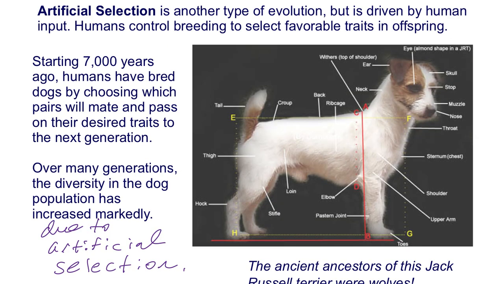And people could figure out natural selection because they understood artificial selection, or humans selecting.